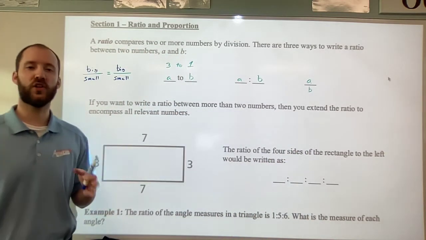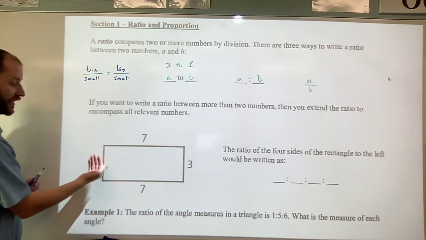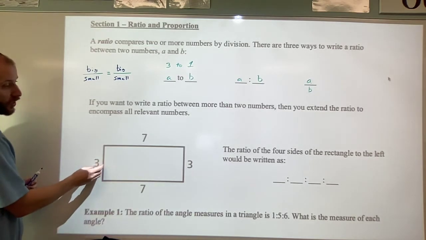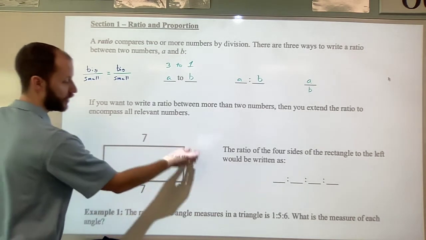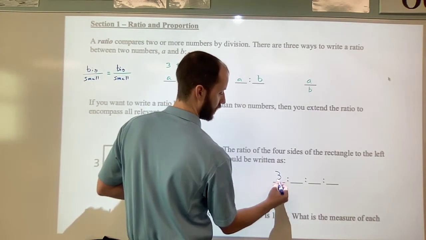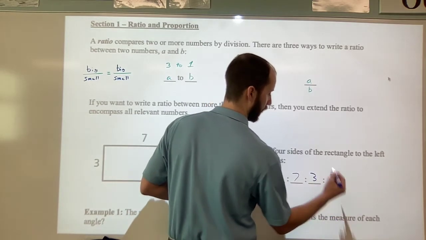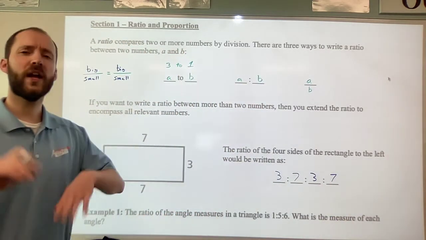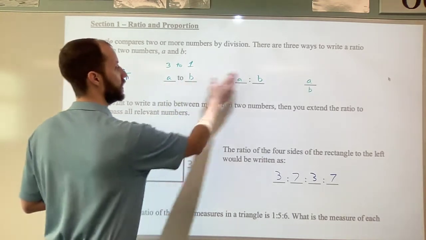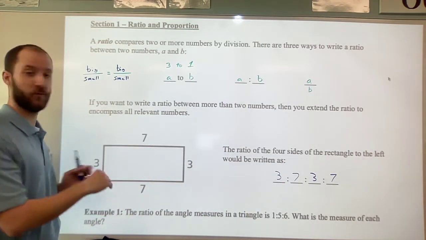And just like we talk about shapes, you go around the shape. Starting here, arbitrarily, 3, let's go clockwise, 7, 3, 7. So a 3 to a 7 to a 3 to a 7. A ratio doesn't have to be limited to only 2 quantities. You can do more depending on the information you have.